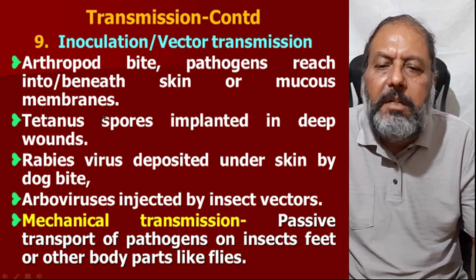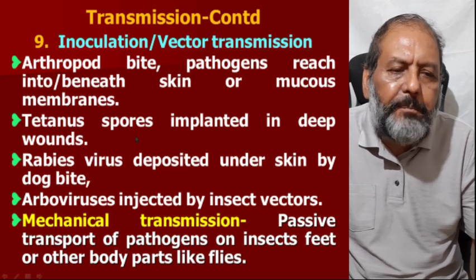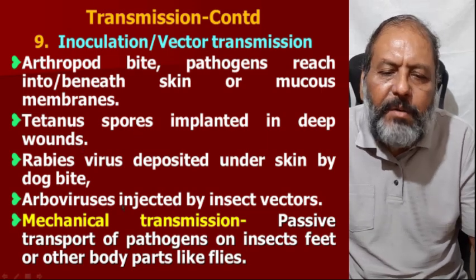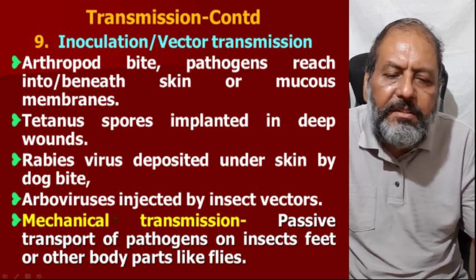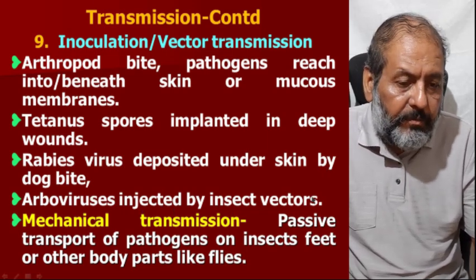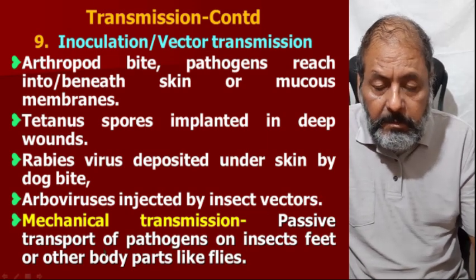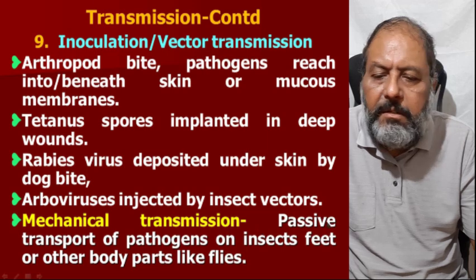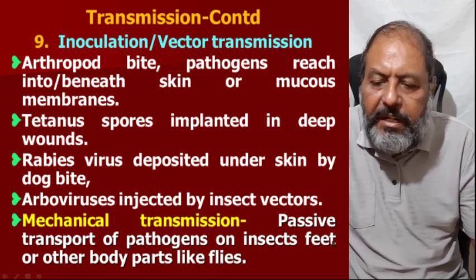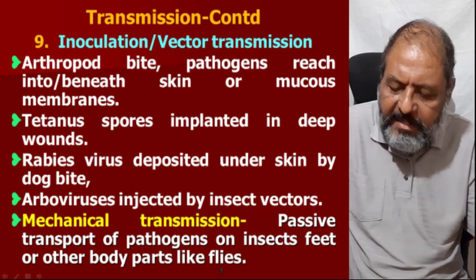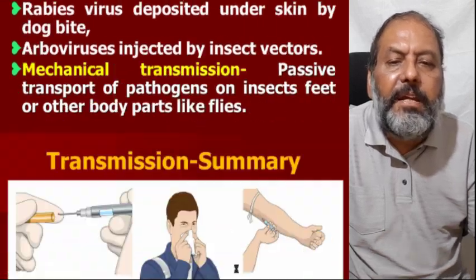Pathogens reach into or beneath the skin or mucous membrane: tetanus spores implanted in deep wounds, rabies virus deposited under the skin by a dog bite, arbovirus injected by insect vectors like mosquitoes, ticks and others, and mechanical transmission, the passive transport of pathogens on insect feet or other body parts, like flies. These are sitting on the skin and transmitting the infection.